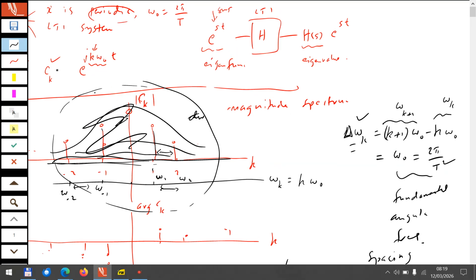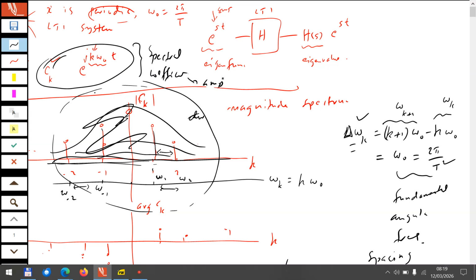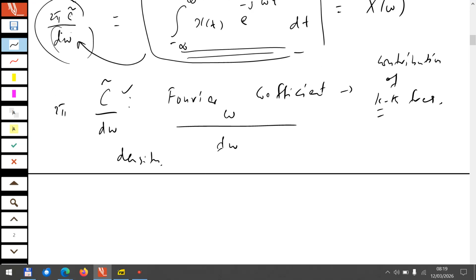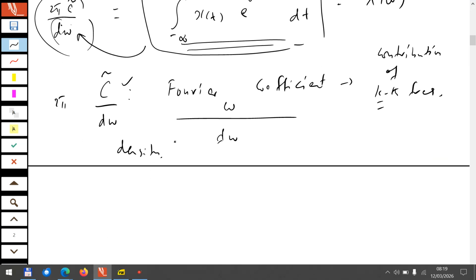These c_k's in the Fourier series were spectral coefficients because they told us how much of a particular sinusoid we need in terms of amplitude. But here, because of this d omega in the denominator, we cannot call them coefficients or spectral amplitudes anymore because they all become 0. If I bring this d omega back to the other side, it becomes 0.